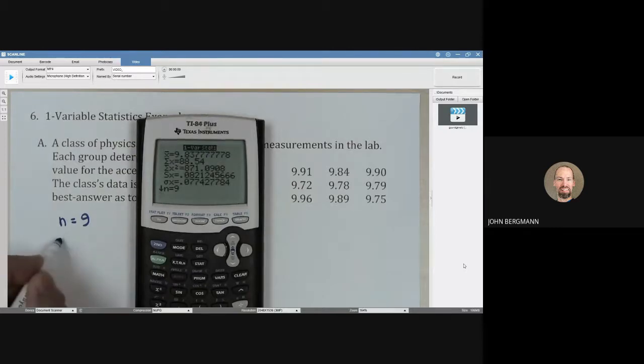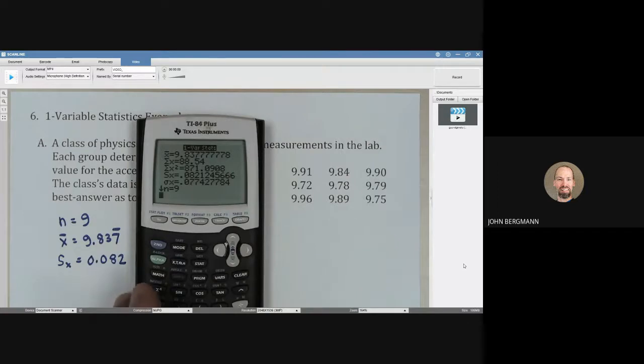So what this is telling us is that the mean is 9.837, and I'll just put that as repeating 7. Then we said we wanted to find the S sub x value, which you can see here is 0.082. So that's what we need from our calculator.